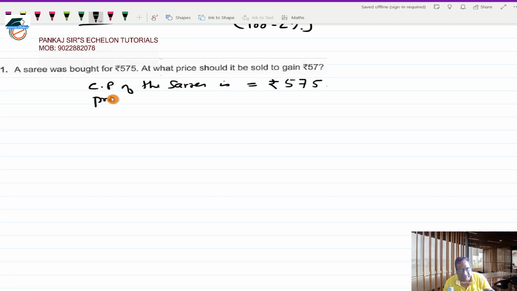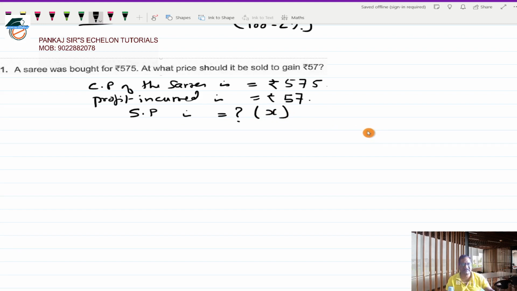The profit incurred is equal to rupees 57. That is given. And at what price should it be sold? So what should be the selling price? The selling price of the sari is something that you have to find out. And whatever you want to find out, you put a question mark, or you can take that as an unknown variable x.